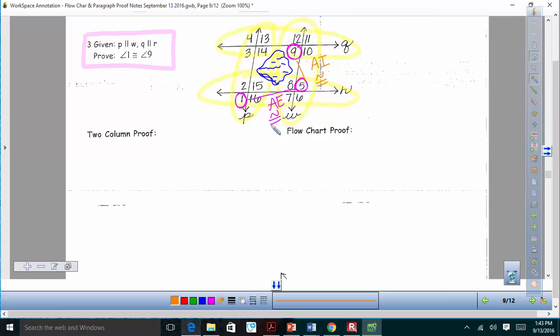Now let's write my formal 2-column proof. So I'm going to go ahead and draw my 2-column chart. Okay, I'm going to write statement and reason.